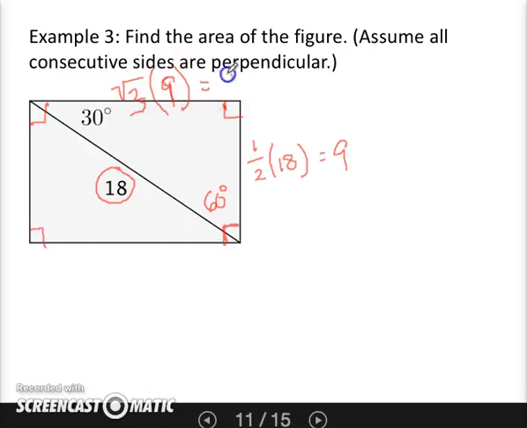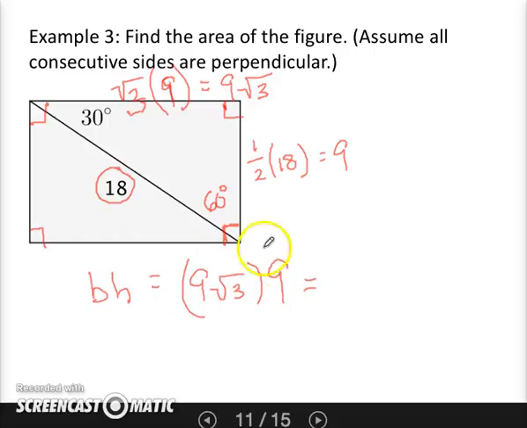So this is 9 times the square root of 3. Okay, now we've got the base and the height of this rectangle. So base times height is simply going to be 9 times the square root of 3 times 9. And we can multiply these 9s and we get 81 times the square root of 3.